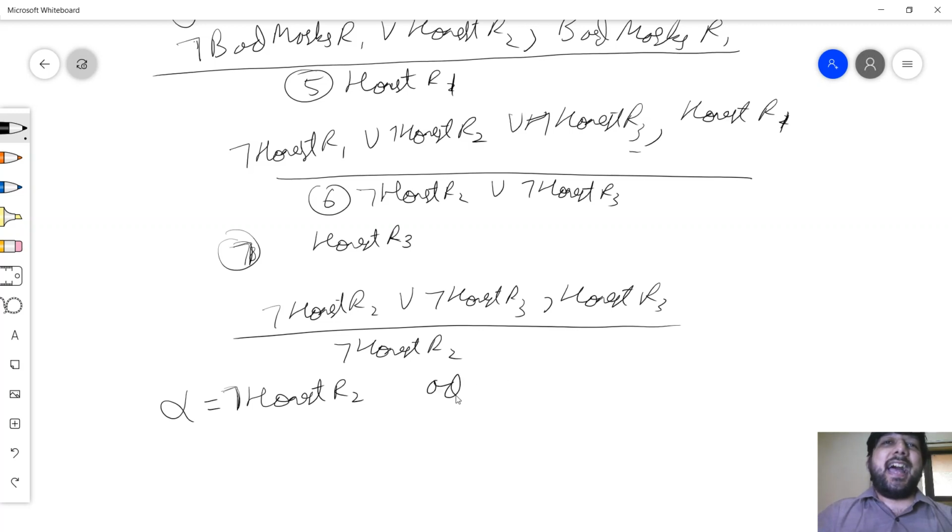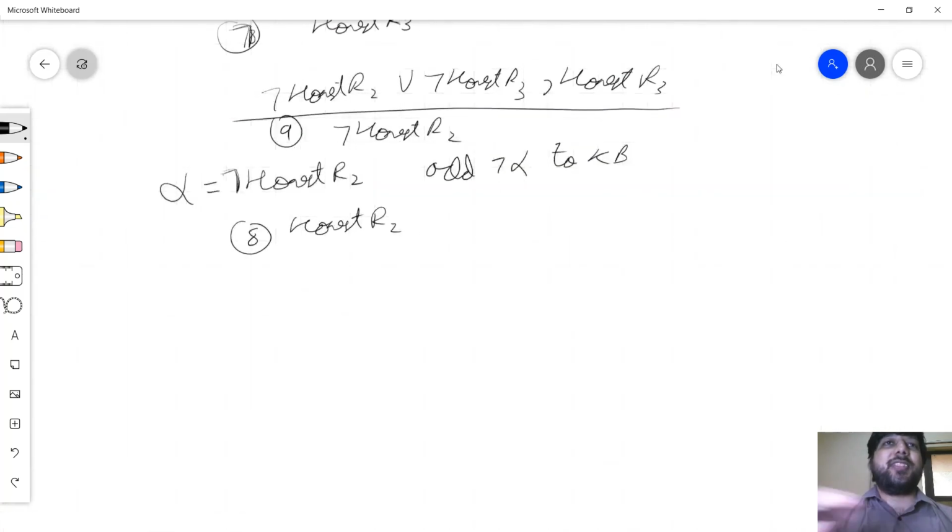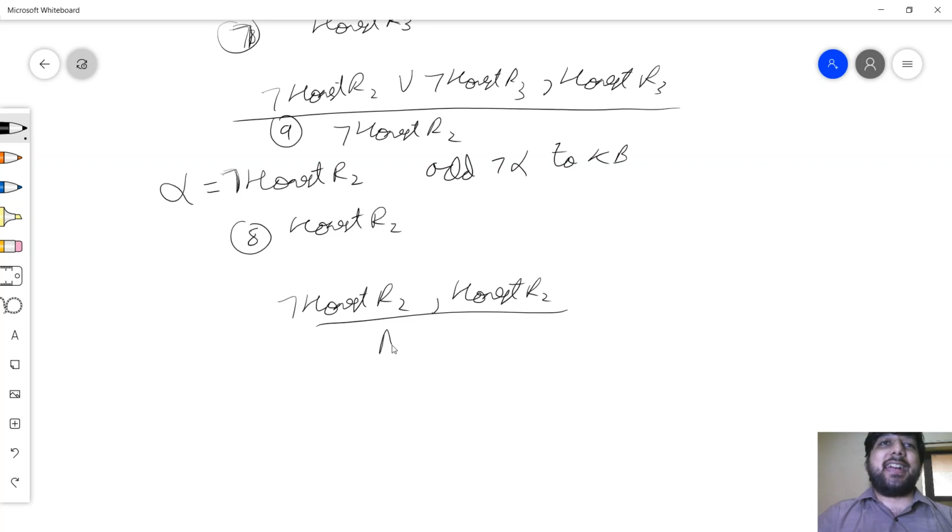That means I add not alpha to the KB, or I add honest R2 to the KB. Now I resolve 9 and 8, which is not honest R2 and honest R2. The negatives cut and I get a null.